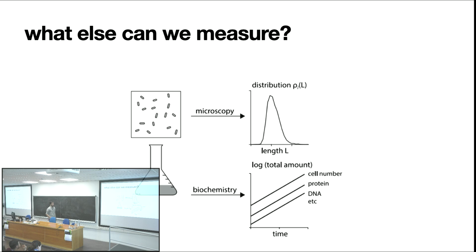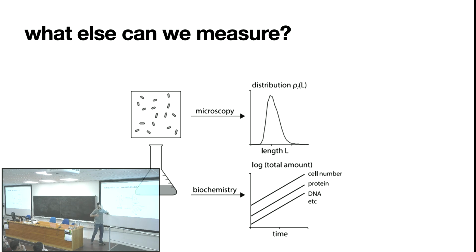And what you can do is take a sample from your flask after they grew for some time, and look at it under the microscope and see, for instance, how big they are, what's their size, some properties of individual cells, or you can do some biochemical extractions and measure what is their composition, how many proteins there are, how much RNA is there, or you can also characterize individual proteins, so you can measure really what is the internal composition.